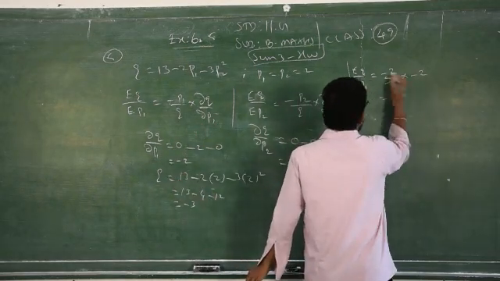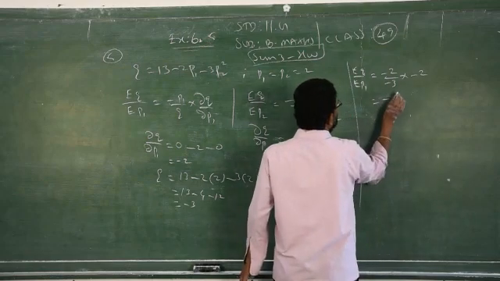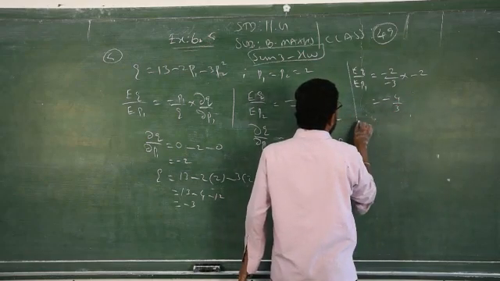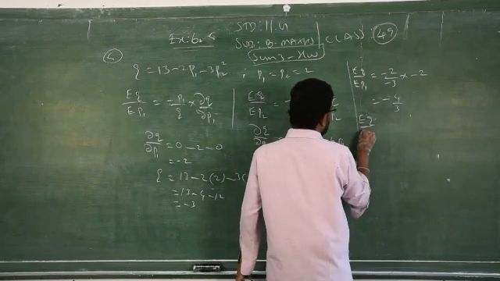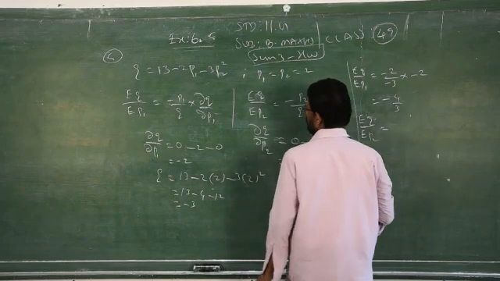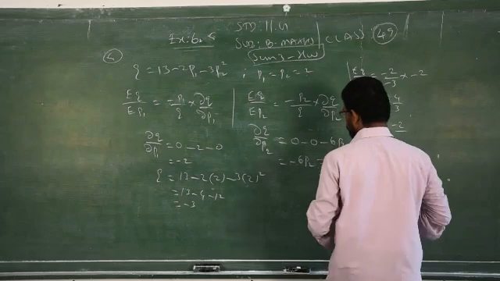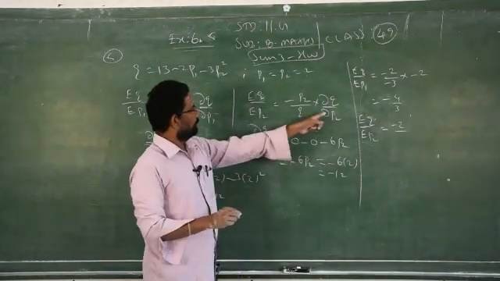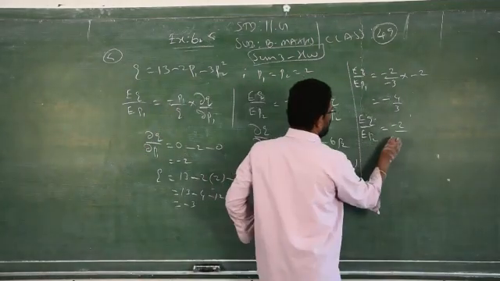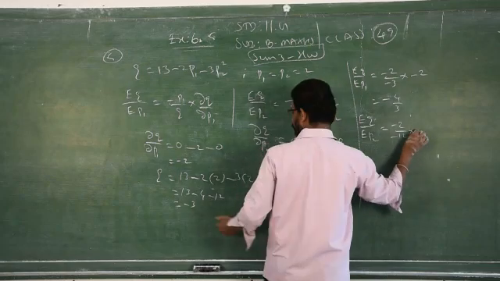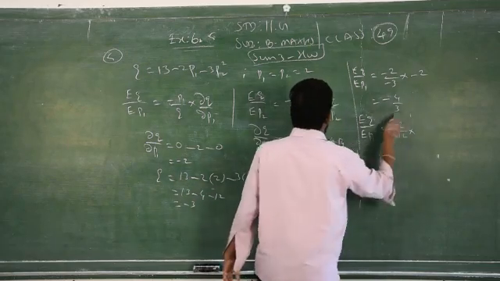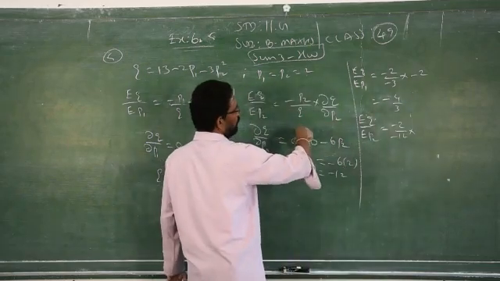Minus 2. So minus of 4 by 3. Then EQ by EP2, what will be the answer? Same. Minus, what is your P2? 2. What is your ∂Q by ∂P2? Minus 12 into, what is your minus 12?